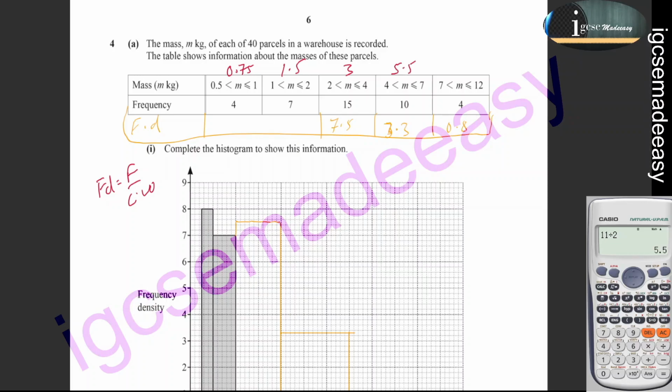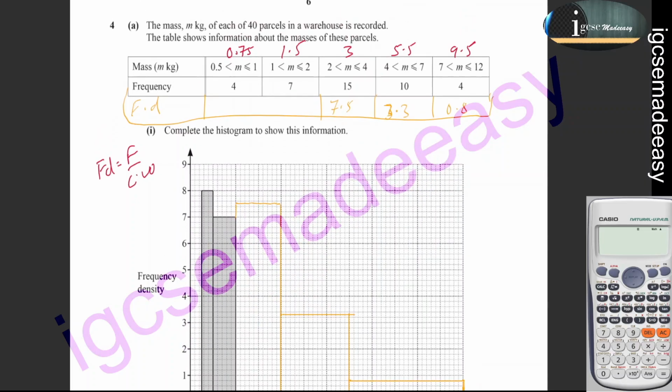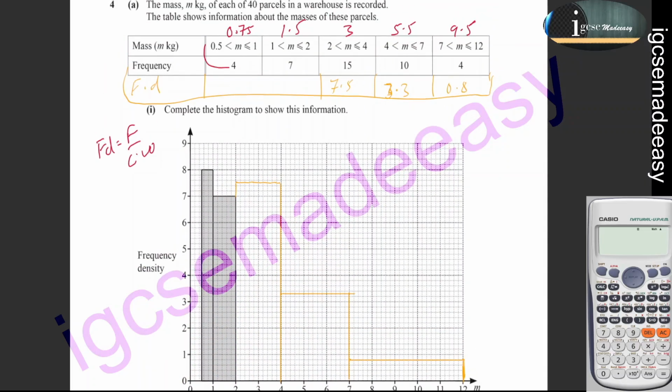And then 7 plus 12 is 19, divided by 2 is 9.5. So these are the mid values of these intervals. To find the mean value, we multiply the frequency with the mid value.